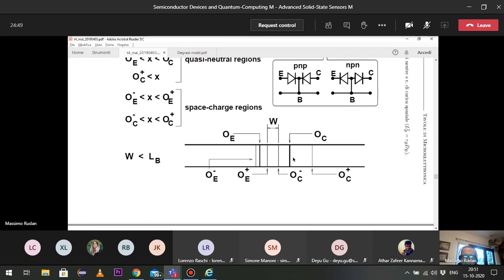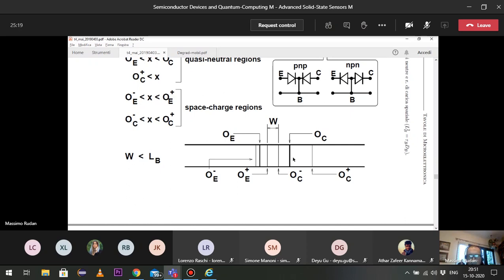And you remember that in the normal mode of operation, the emitter junction is forward biased. So the extension of the space charge region is small. And in the collector junction, the bias is reverse. So the extension of the space charge region is wide.